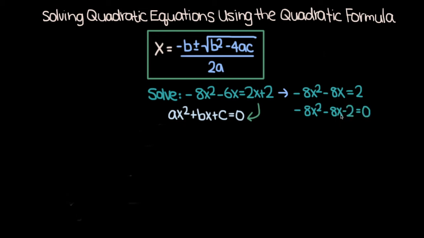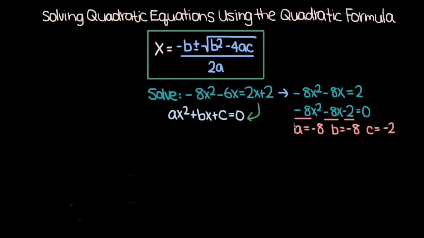And so now our equation is in the form ax squared plus bx plus c equals 0, where a, which is the coefficient of the x squared term, is negative 8, and b, which is the coefficient of the x term, is negative 8 as well, and c, which is the constant term, is negative 2.